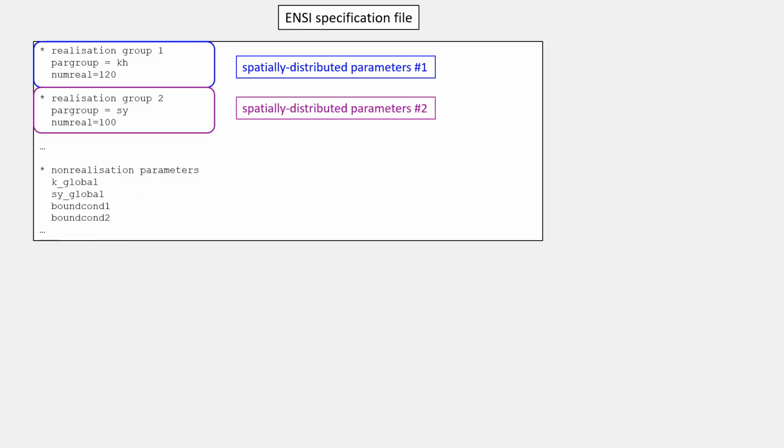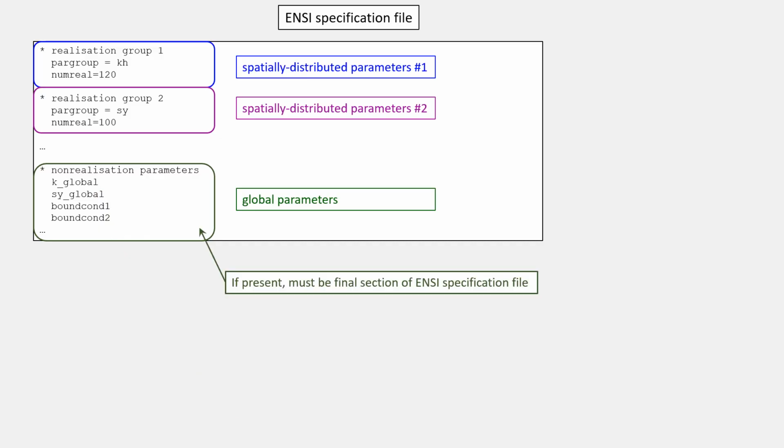Meanwhile, the global parameters or non-realization parameters will be listed in this non-realization parameter section of the ENSI spec file. Here we list the names of the parameters that will not be assigned to any parameter group. They'll be estimated individually. And if present, this section must be the last section of the ENSI specification file.